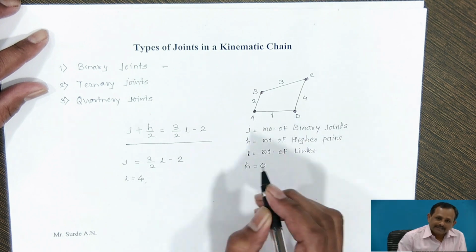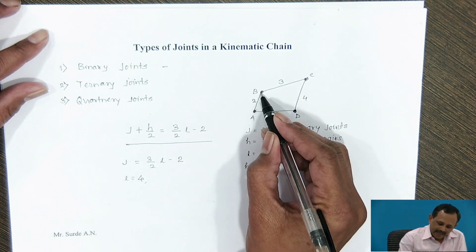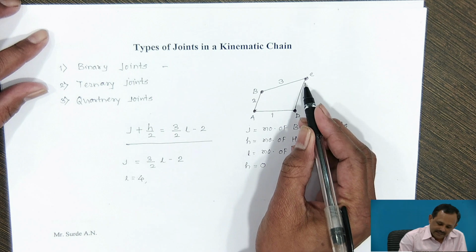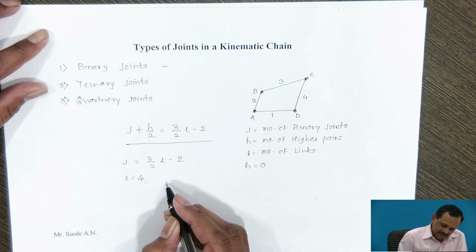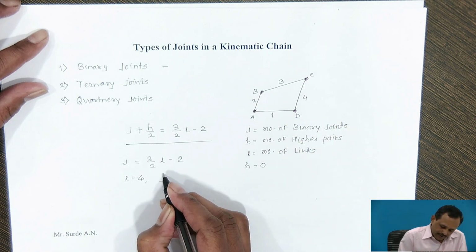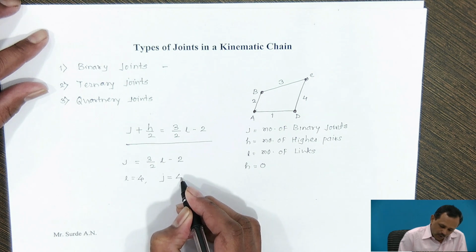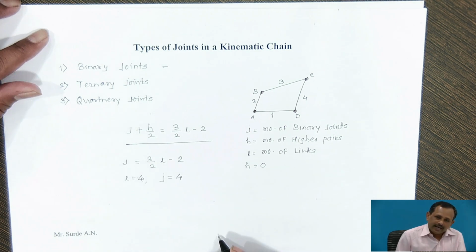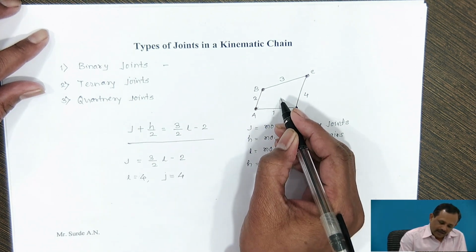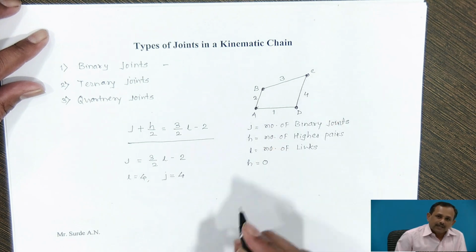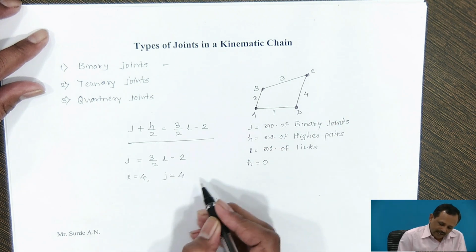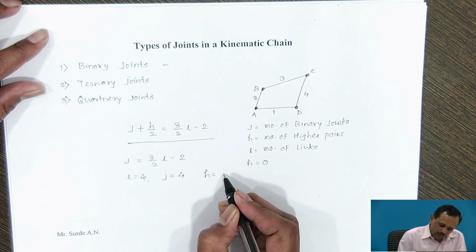There are binary joints at A, B, C and D, so the number of binary joints is 4. All these pairs are lower pairs, and therefore higher pairs H is equal to 0.